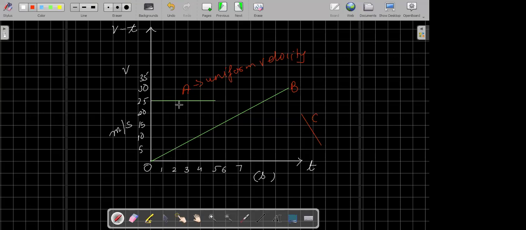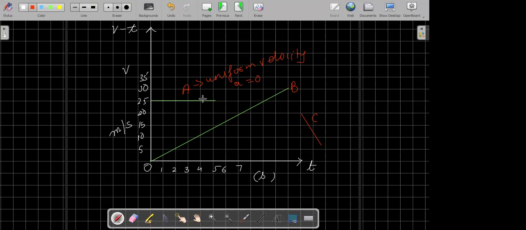At time equal to 2, still the velocity is 25. At time equal to 3, still 25. So at every moment, the velocity remains the same. It means it is traveling with a constant velocity, and whenever anything moves with a constant velocity, we have acceleration equal to 0.